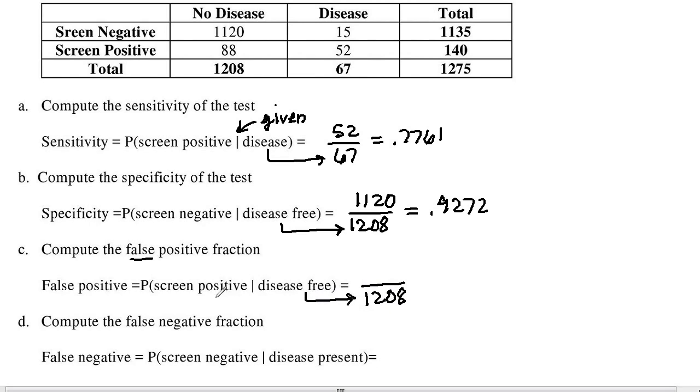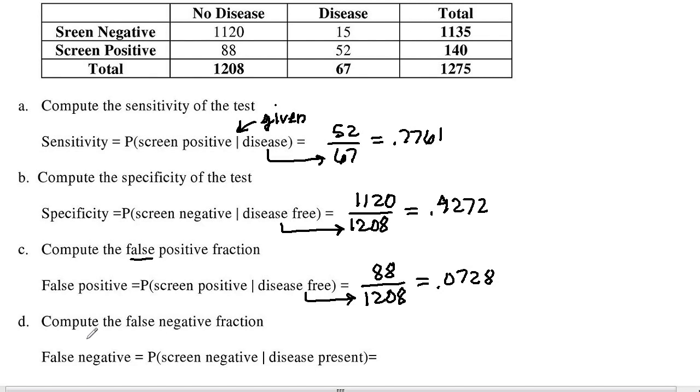And then out of those 1,208, how many had a positive screen? Positive screens were 88. So 88 out of 1,208. And if we divide that, you will get 0.0728.